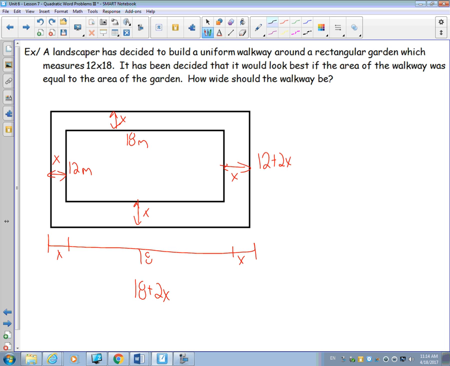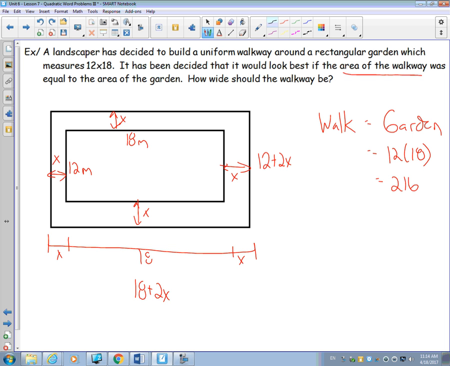Same idea, right? It has been decided that it would look best if the area of the walkway was equal to the garden. Well, how big is the garden? We know that. It's 12 by 18. In other words, 216 meters squared, which means they're both 216, right?